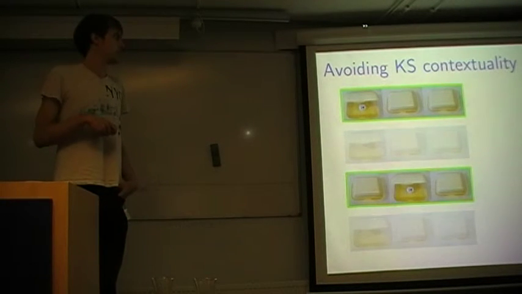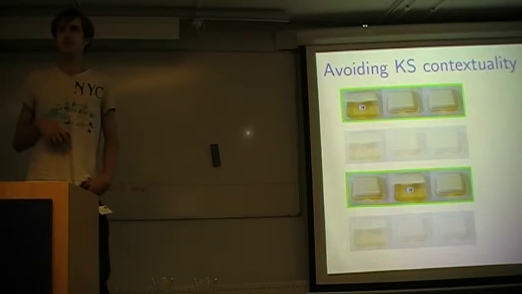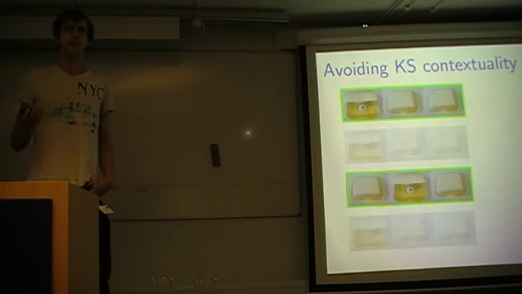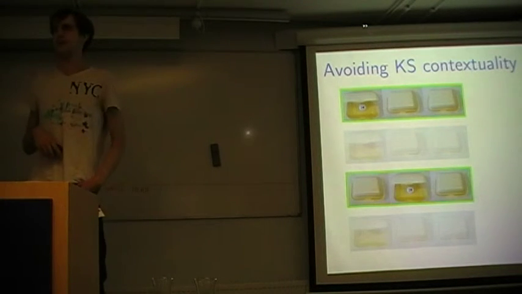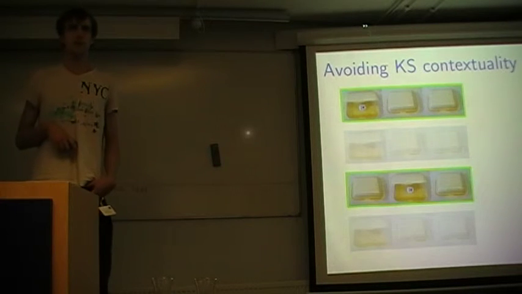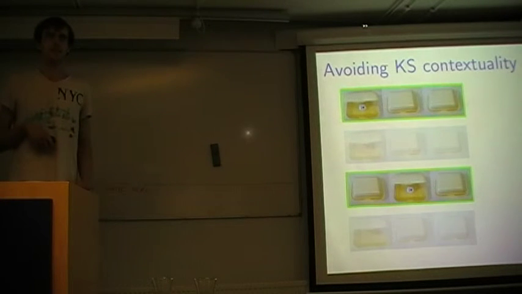Okay? So if we're going to say that the 3-box paradox is a proof of contextuality, we need to explain why this is not what's going on in the quantum version of the experiment. And you might already be thinking that what I'm doing here doesn't really look like the intermediate measurements in the quantum case. I'm opening this box and then leaving it open. Surely an experimentalist wouldn't be that careless.